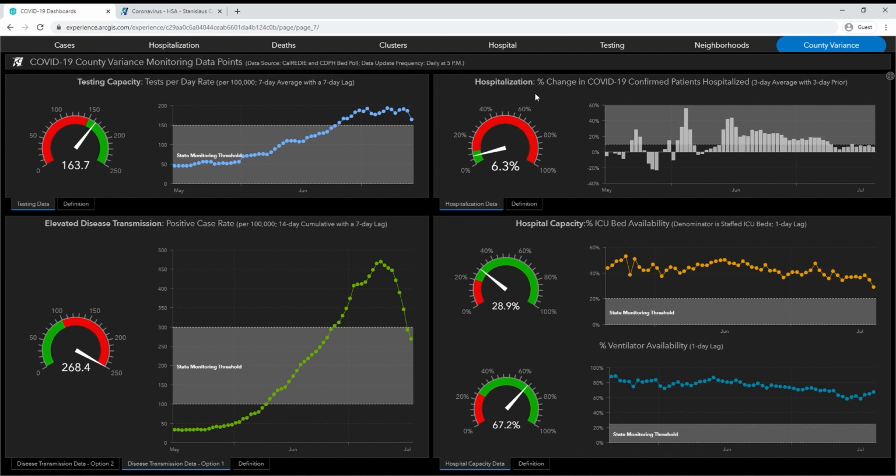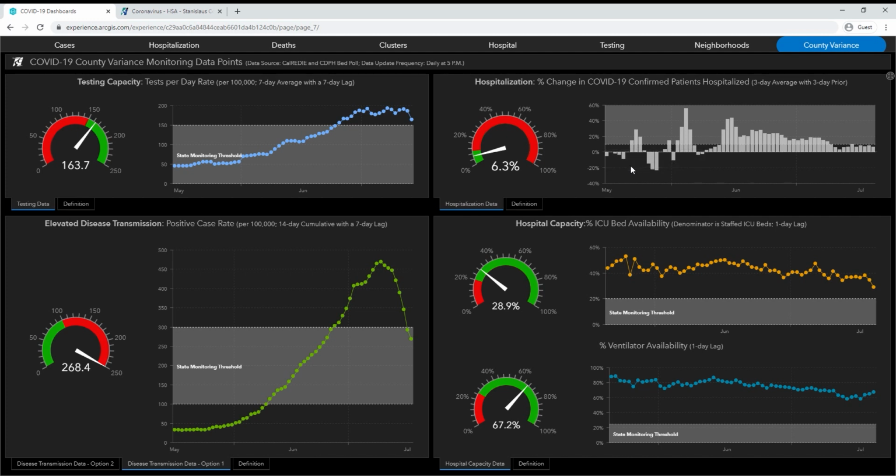The next section in the county variance tab looks at hospitalization of COVID-19 patients. This section overviews the percent change in COVID-19 confirmed patients hospitalized, trying to identify if the number of hospitalizations are increasing more than 10%. So we are not looking at a single day of hospitalizations. We look at a 3-day average of COVID-19 hospitalizations reported. So the percent difference represented here is the percent difference between the 3-day average.